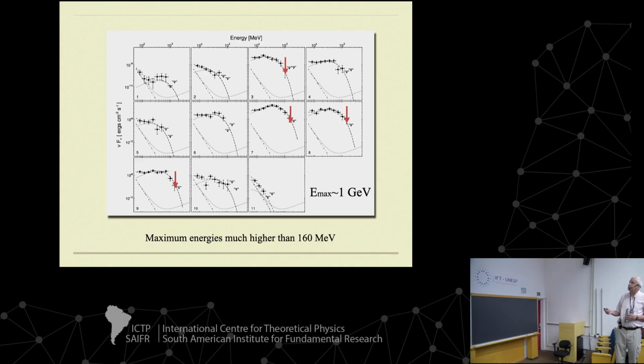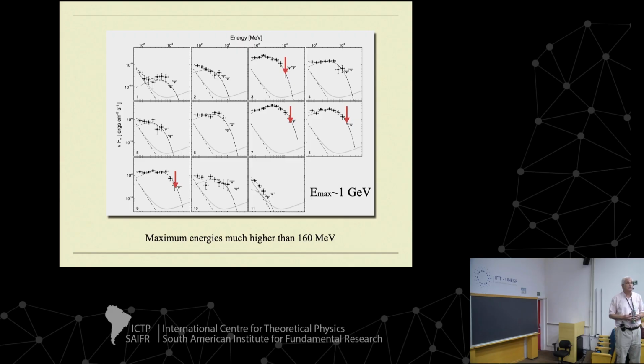So 10 to the 3 MeV is 1 giga electron volt, 10 times more than the maximum possible limit for synchrotron radiation. But this is synchrotron radiation. It's just a continuation of the previous spectrum. And here you have the cutoff at 1 GeV, and again, and again, in different days. So the cutoff is well beyond the synchrotron limit.